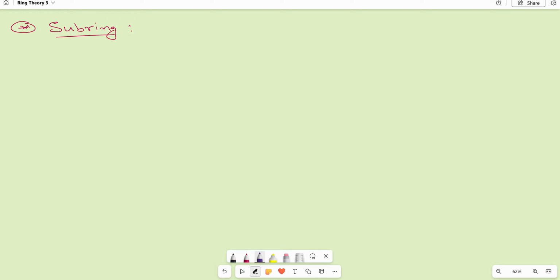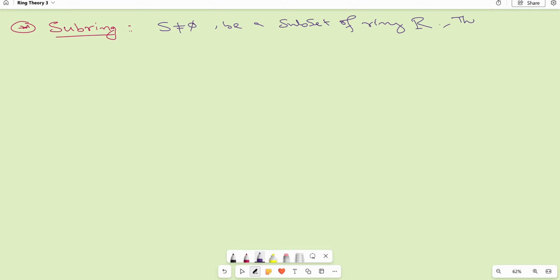The similar kind of thing here is a subring. So this should be a subset of R. A non-empty, there is no need for non-empty, I guess, but in the definition they have given S to be a non-empty subset of a ring R.